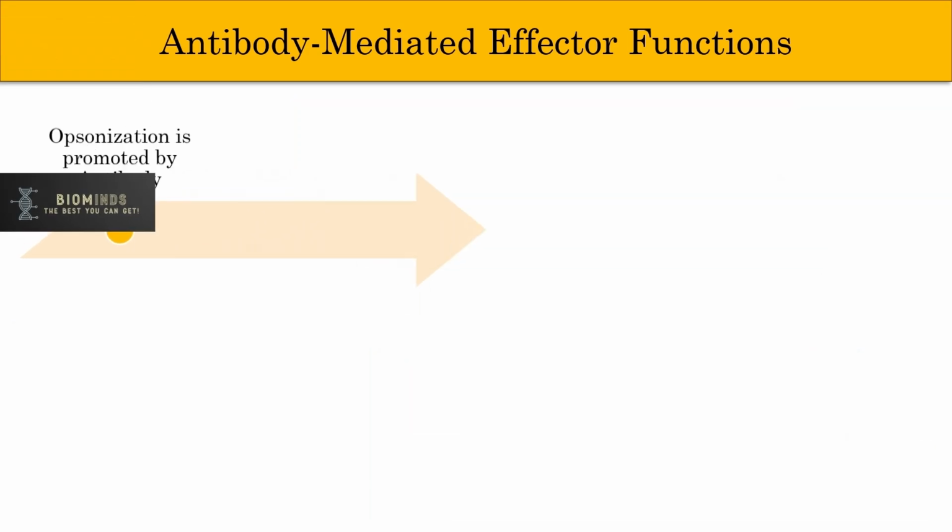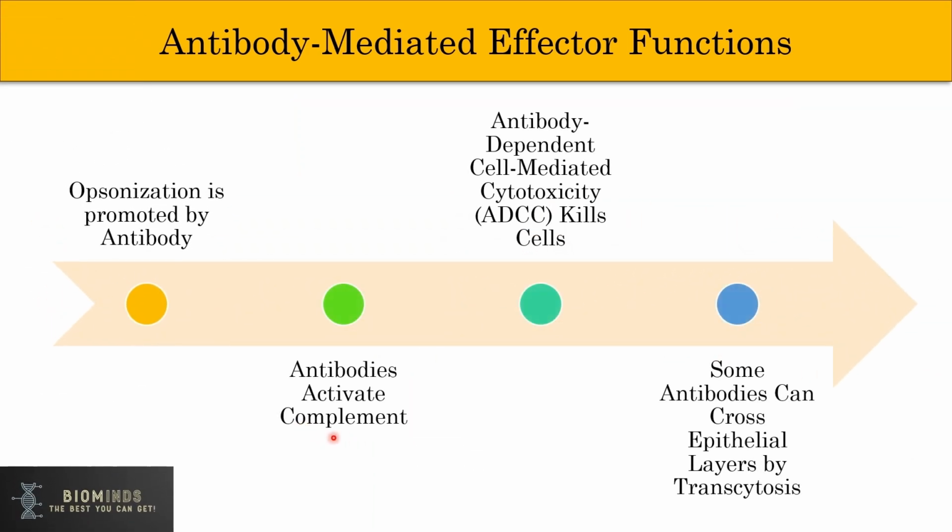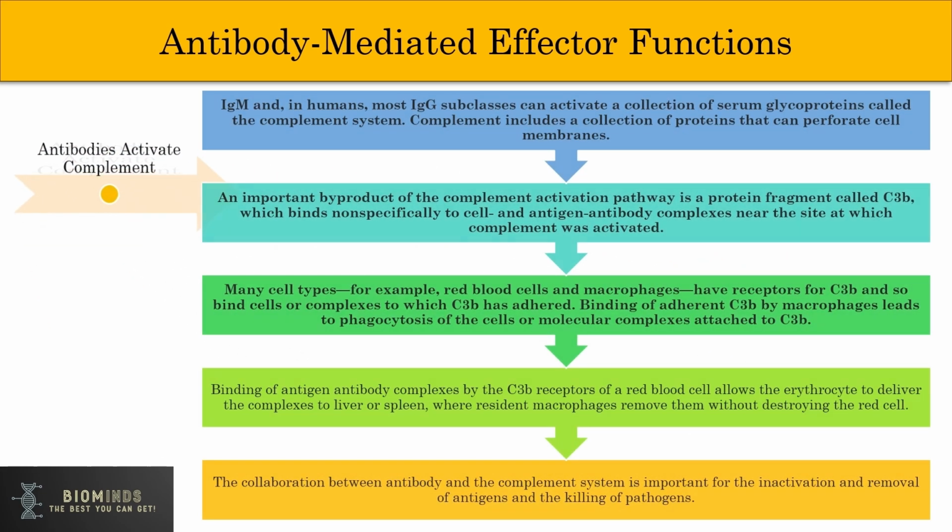So next important function is the activation of complement. So what is complement? Complement proteins are the proteins which are present in your blood. They help in the immune system. They help the immune cells or immune organs in the immune responses.